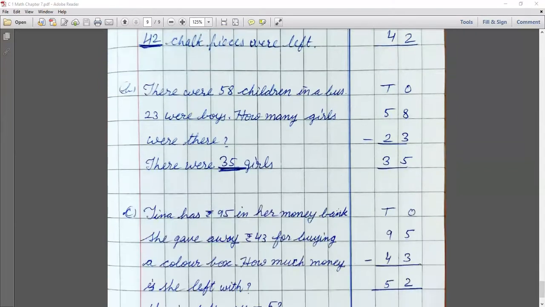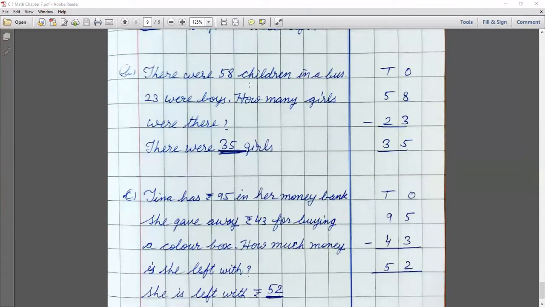Okay. Now next is, there were 58 children in a bus. How many children are in the bus? 58. 23 were boys. Now 23 of them are boys. And how many girls were there? Now we have to tell how many girls there are. So first we write 58, then we write 23, then subtract. 8 minus 3 is equal to, yes, 5.